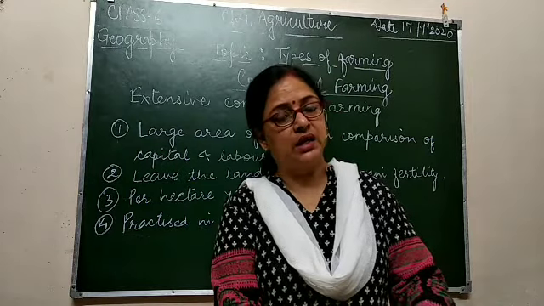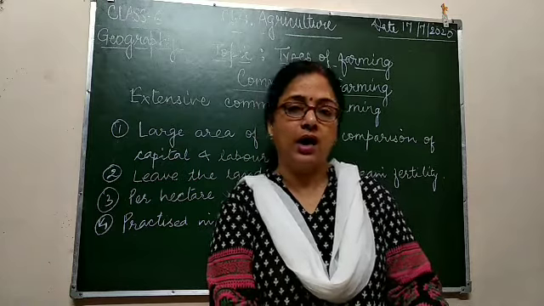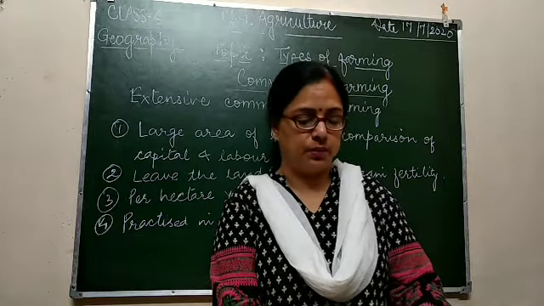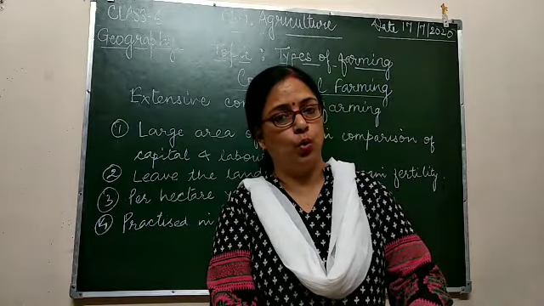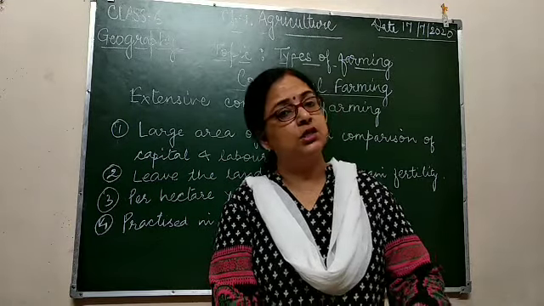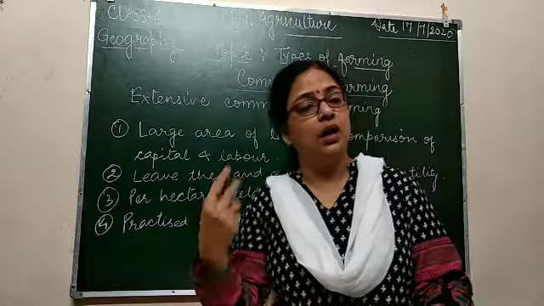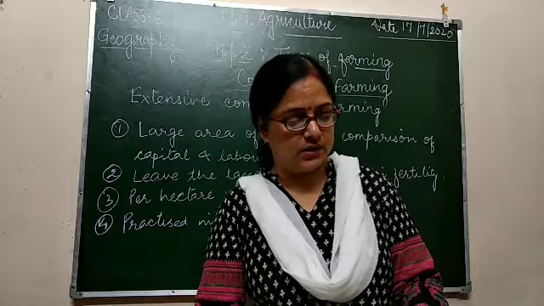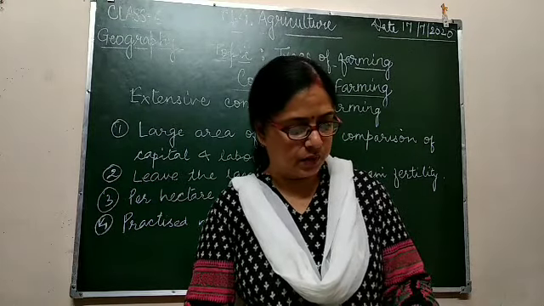It employs little labor, meaning it uses more machines and employs less labor. Per hectare yield is low. It is practiced in sparsely populated areas where the number of people living there is less. So plenty of land is available.